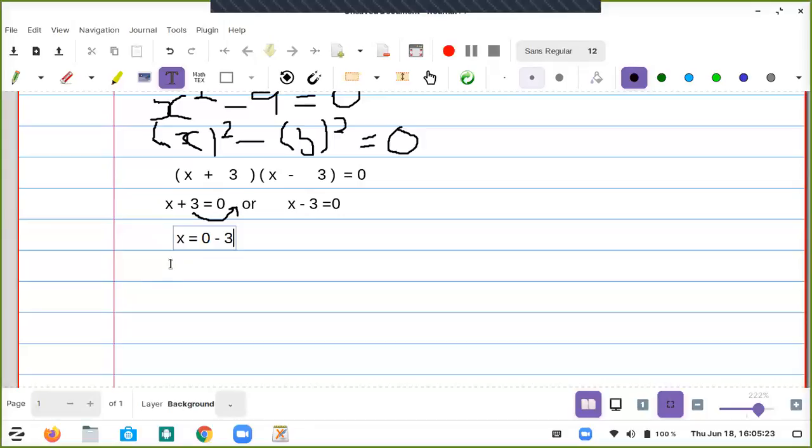Then I simplify the right-hand side, which means my x is now equal to 0 minus 3, which is negative 3. So that's my first solution, which means this is my first root, right? This is one of the answers that will make my equation equal to 0.